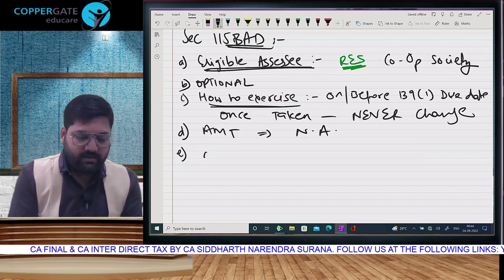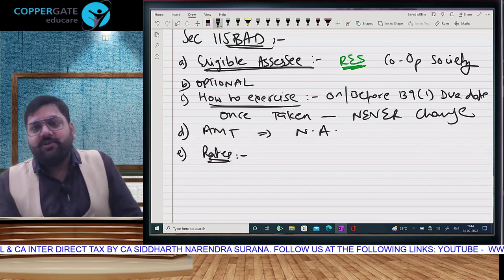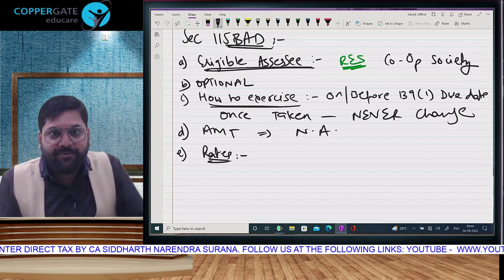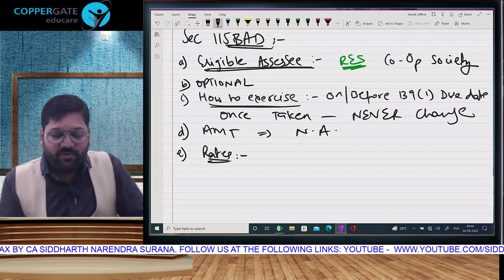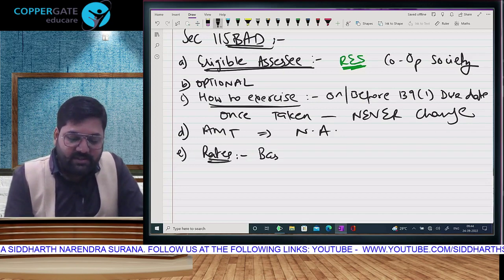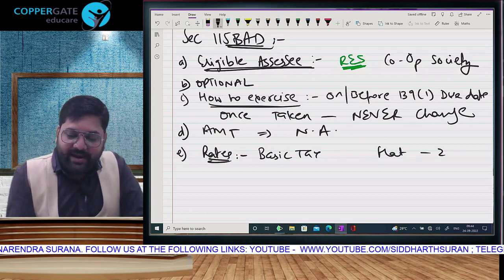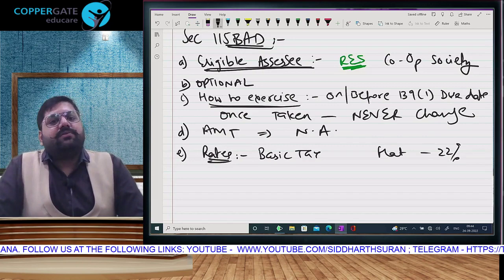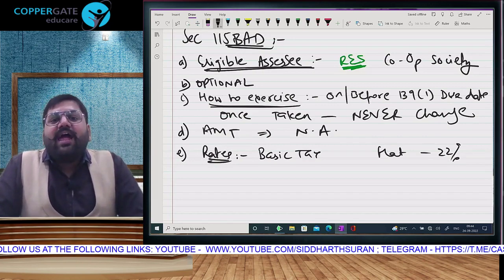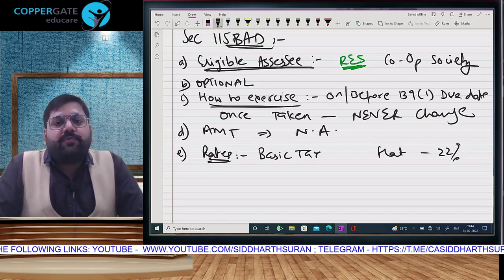Point E, rates. See, in individual HUF, now I had to tell you the new slabs, then compare, lots of chaos. Here it is very, very easy. Basic tax is going to be flat 22%. No basic exemption. No slabs. Every rupee will be taxed at a flat rate of 22%.